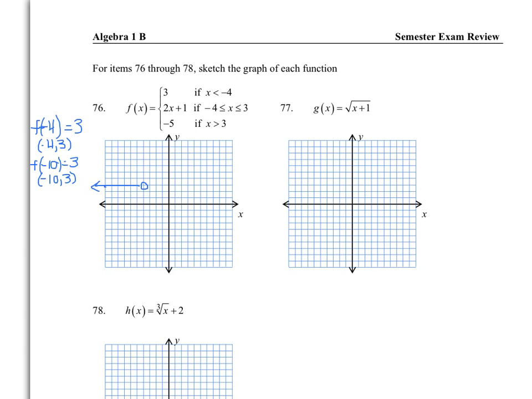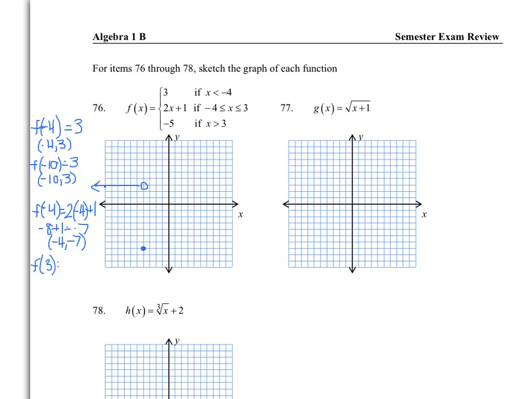Now we're going to do the 2x plus 1 piece, but we have to look at when x is -4 and when x is 3, because those are the two endpoints of the interval. So 2 times -4 plus 1: 2 times -4 is -8, -8 plus 1 is -7. So we're going to have a point at -4, -7. I'm going to plot that point, and it's going to be a closed circle. Now I need to do f of 3.